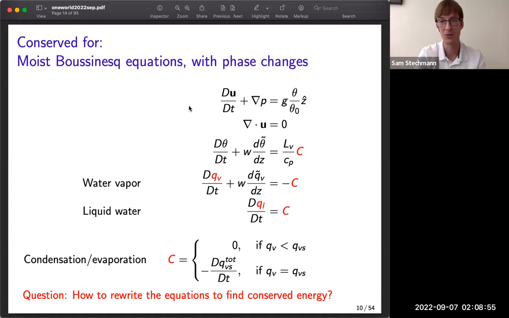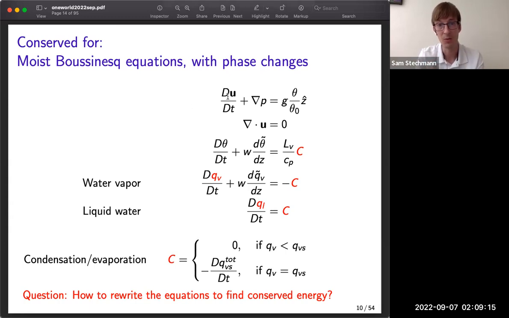So I will use this as an example throughout this talk. It also can be viewed as a good building block or a foundation for trying more complicated cases with more complicated microphysics, or getting into anelastic or compressible dynamics.